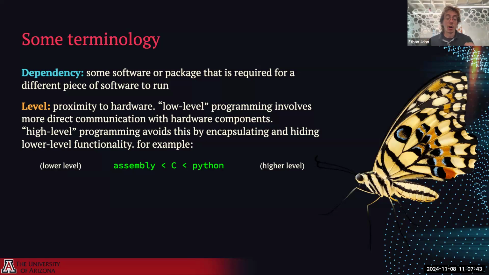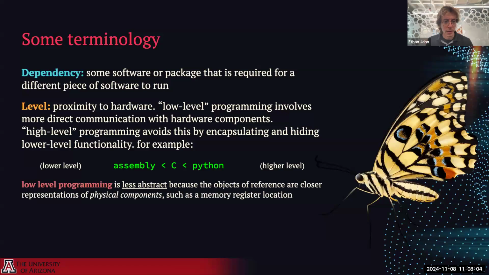C would also generally be considered a low level language, although it does have some abstraction built into it. And then Python would be a much higher level programming language because you're almost never directly interacting with hardware components. You're never really directly managing things like memory, right?